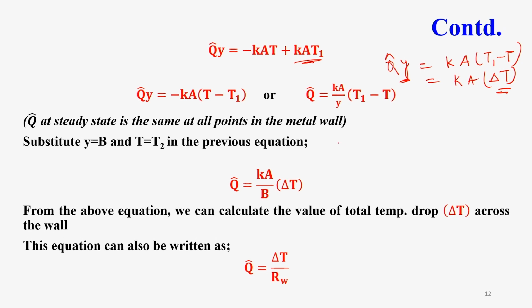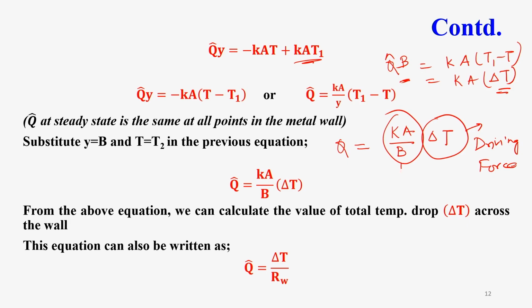It becomes Q equals K A upon b into delta T. Now, this is the driving force, and this term is the resistance.